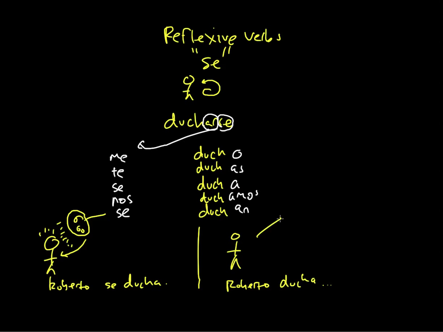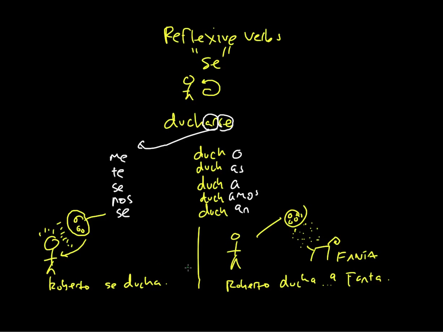So let's just draw our shower again. And how about we draw our dog Fanta again. Okay, so now Fanta is going to receive the shower, and we have to put our personal a. So Roberto ducha a Fanta.